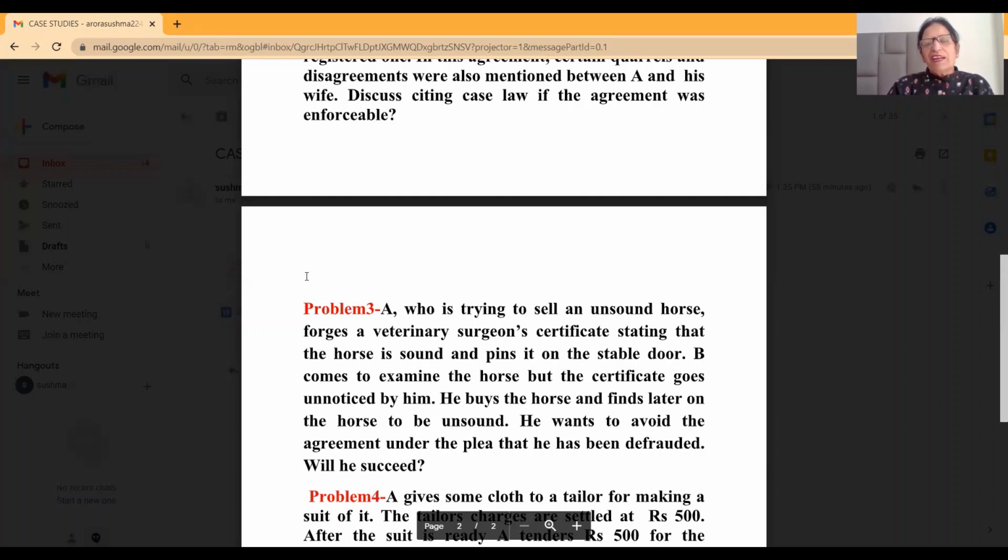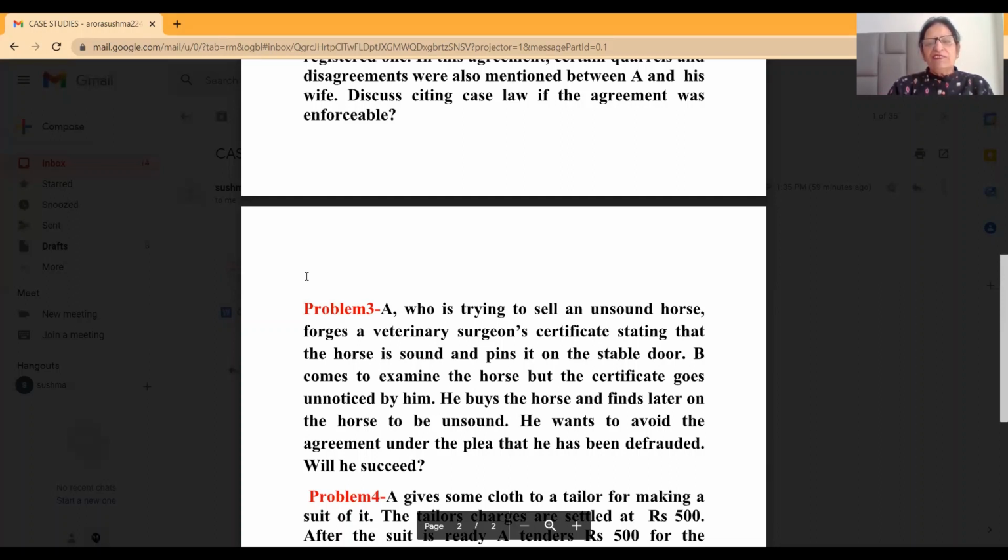So it means the buyer has not performed his duty. He buys the horse and later finds the horse to be unsound. Let the buyer beware. The buyer must be very careful while buying items. If he is not, he cannot subsequently hold the seller responsible for the loss. So Horsfall versus Thomas is a very important case law regarding this, where fraud was attempted by the seller, but the buyer was not cheated.